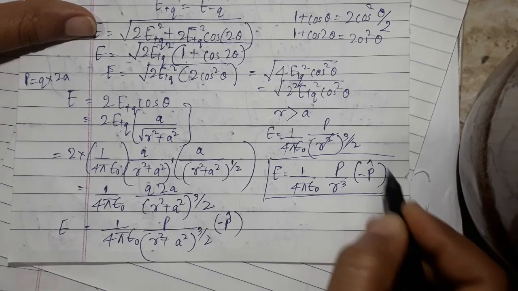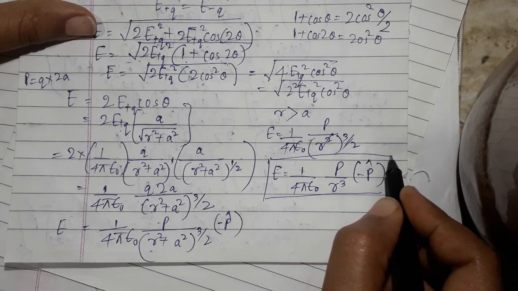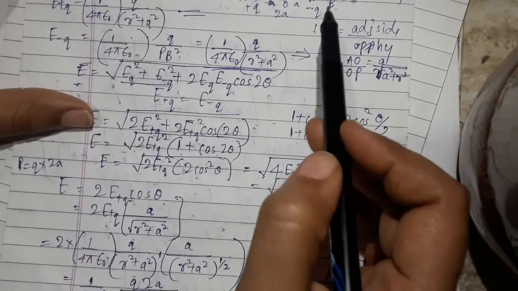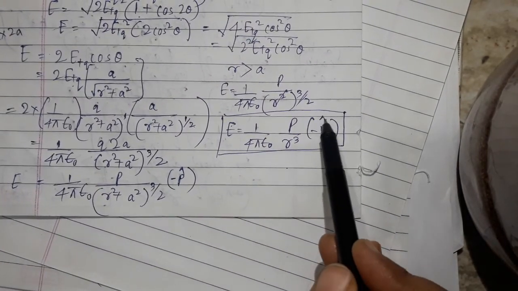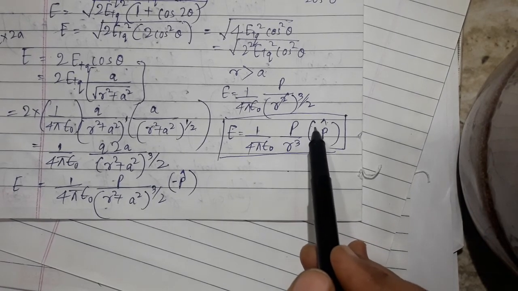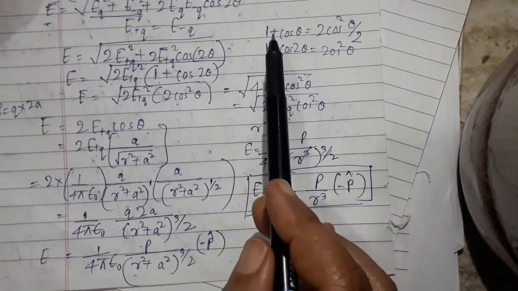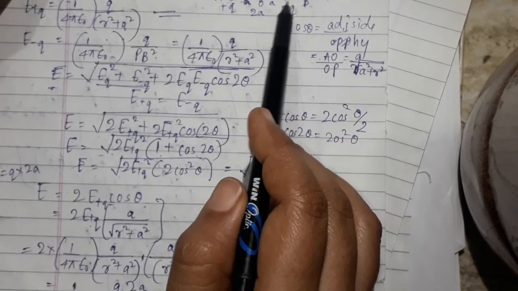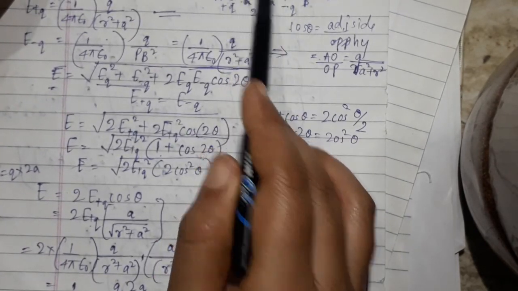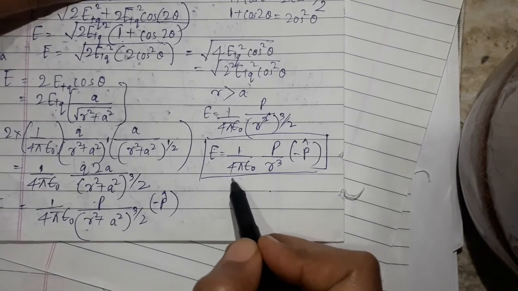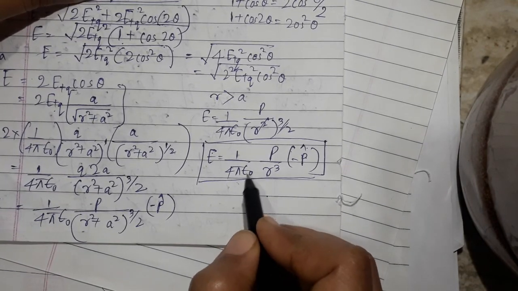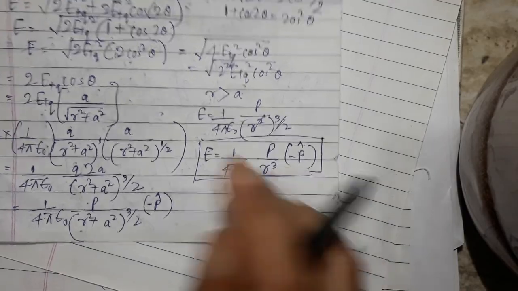This is the expression for the electric field at a point on the equatorial line due to the electric dipole, that is P by R cube, minus P cap. Why I have taken minus p cap: the unit vector direction is from minus q to plus q, so the field is in the opposite direction.